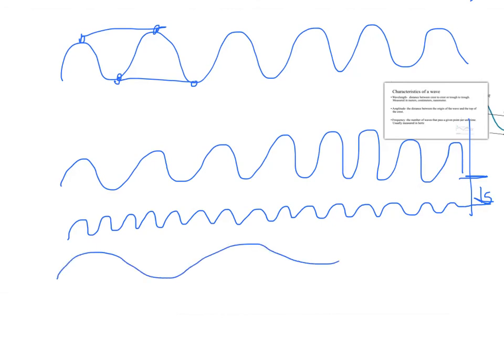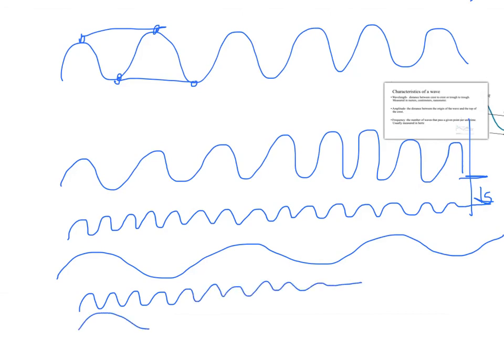Long wavelength will produce a low frequency. So wavelength and frequency are inversely proportional. If I have a short wavelength, I'm going to have a high frequency. If I have a long wavelength, I'm going to have a low frequency.